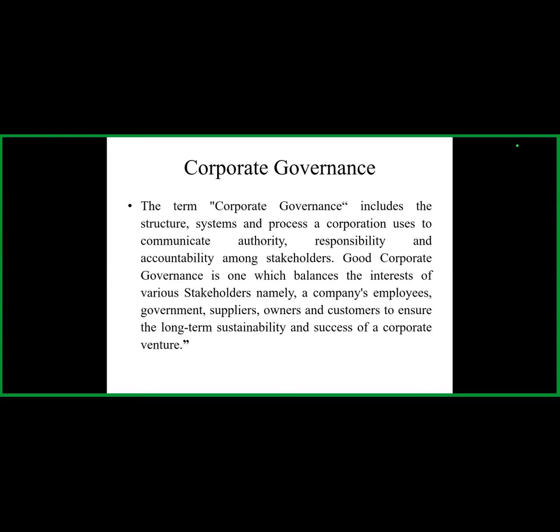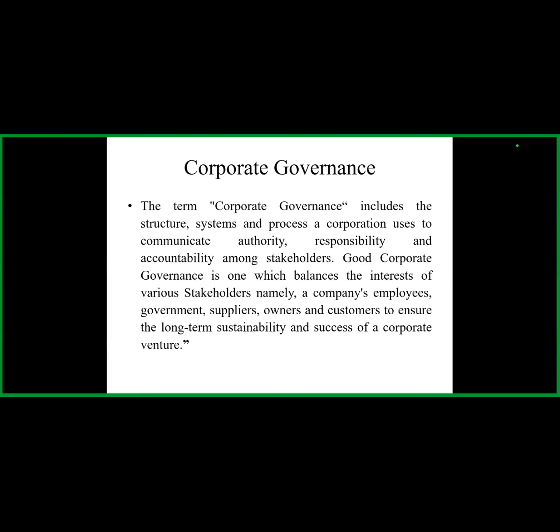So the first part is that it includes structure, system, and process a corporation uses to communicate authority. In every organization, whether it's a small organization or a large organization, every organization has a structure. In common parlance, we call it hierarchy.